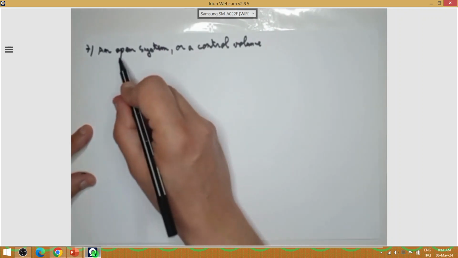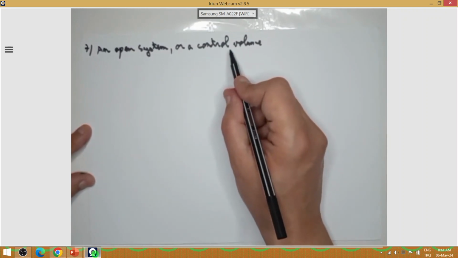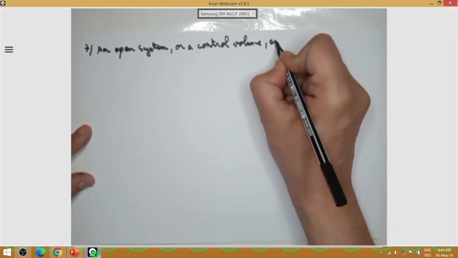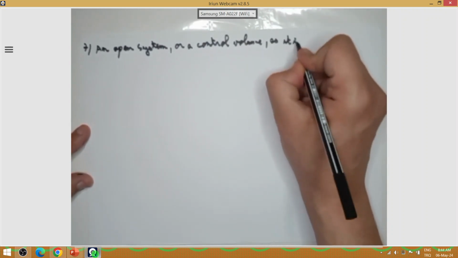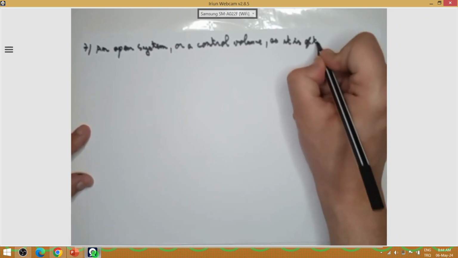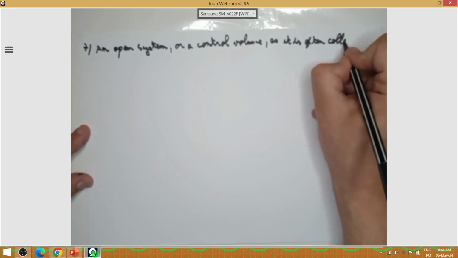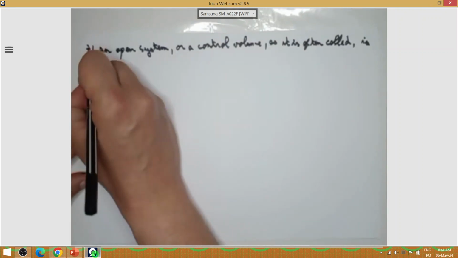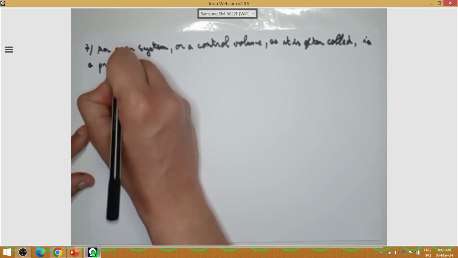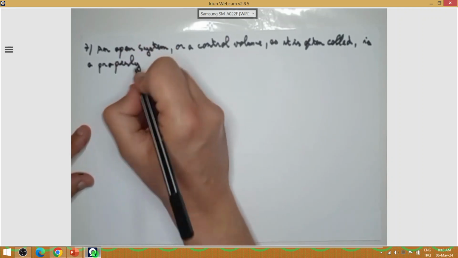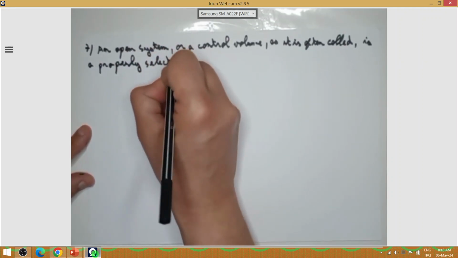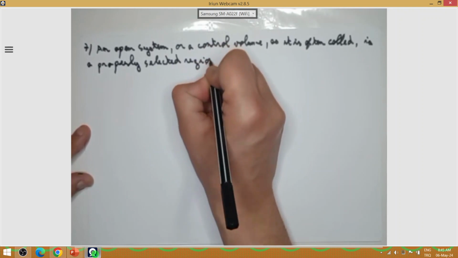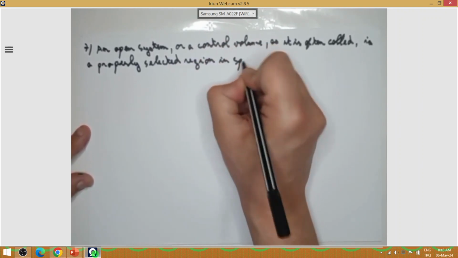An open system or a control volume, as it is often called, is a properly selected region in space.